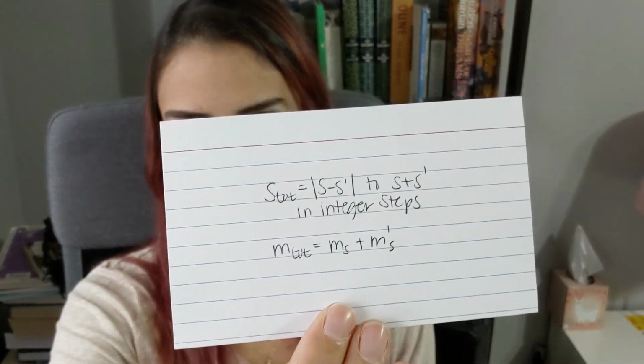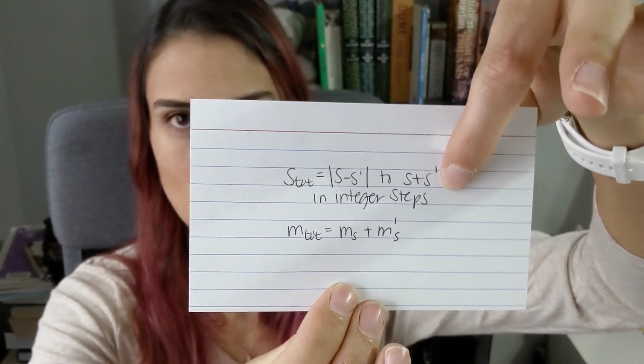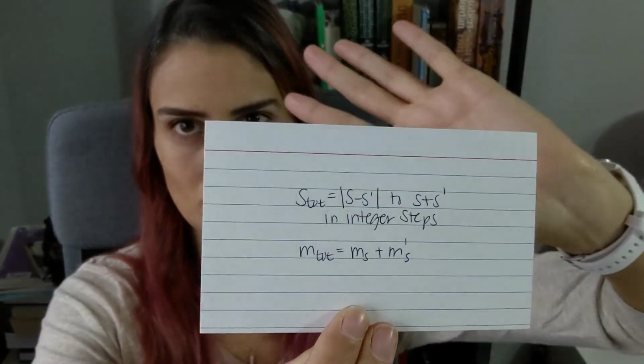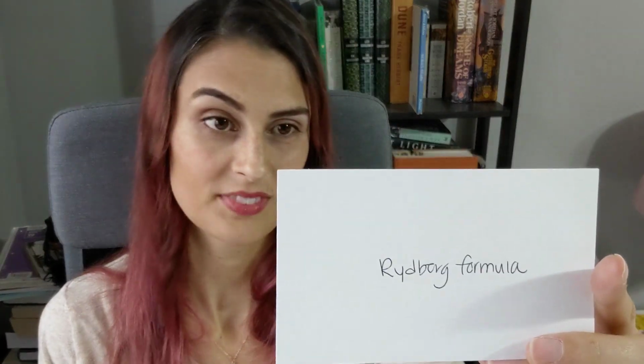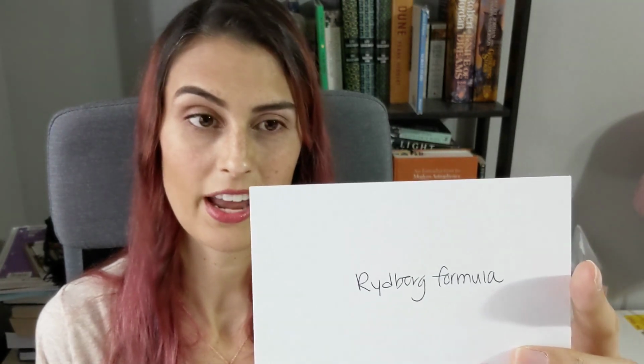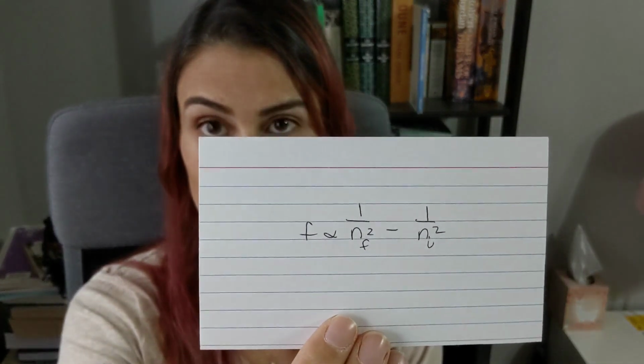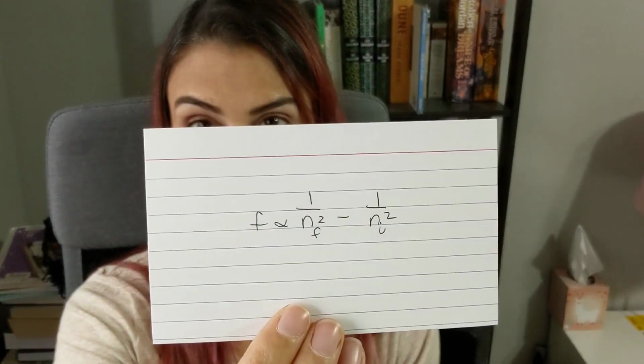I'm not sure if I'm explaining that clearly, but this is the minimum, the absolute value of the difference, and then the maximum is them added, and then it's all the integer steps in between. Those are the allowed values. Okay, the Rydberg formula. So this says that 1 over lambda is proportional to 1 over n_f squared minus 1 over n_i squared. Those are energy states, the n's.